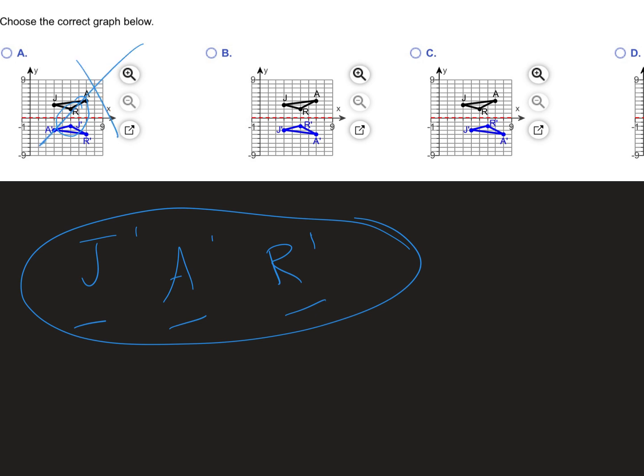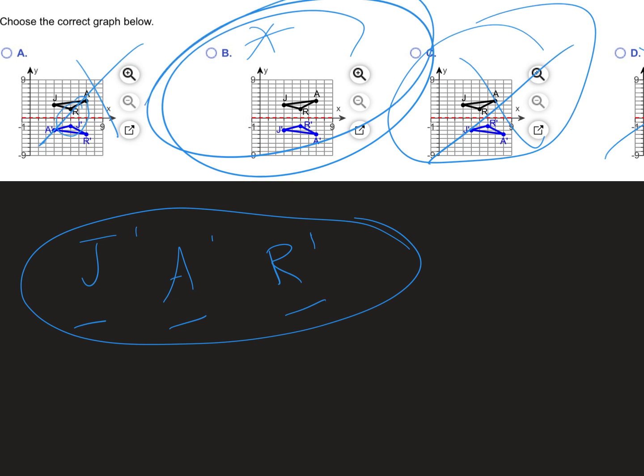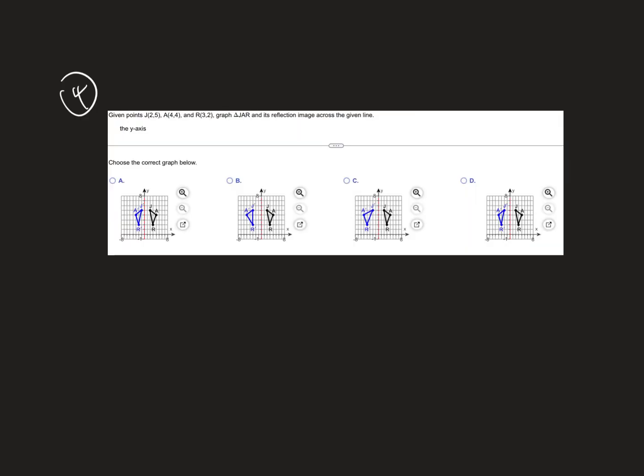On letter B, it appears that this one is a contender, so I'm going to keep going. This one, C, looks like it's shifted, so I'm going to say that's not it. And D, it looks like we've rotated it a little bit, so that's not it. So I'm going to go with letter B as my reflection across the x-axis.